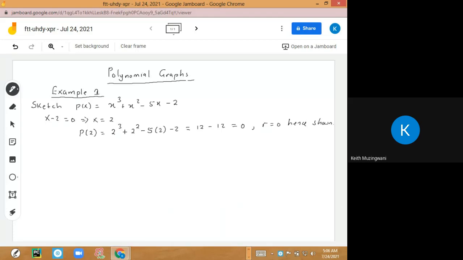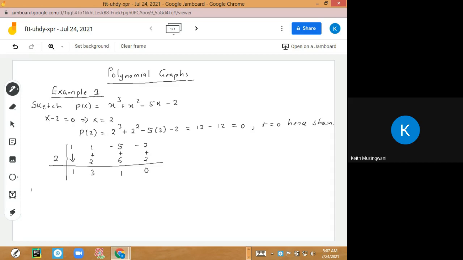But for you to use it to sketch, you get the same tool. Use synthetic division, collect the coefficients of the polynomial, drop the first number down, multiply, add, again multiply 2 by 3, 6, you add, you get 1, 2 by 1, you get 2, you add, you get 0.